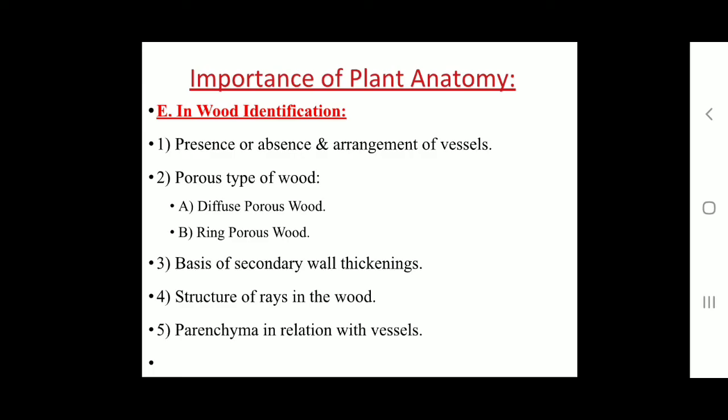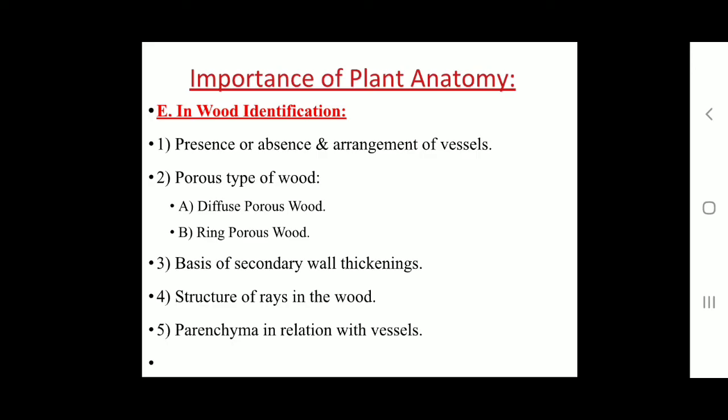Then next point, that is importance of plant anatomy in wood identification. Xylem is one of the important elements of vascular cylinder of plants. Its amount and nature varies from species to species. Thus, this feature is of great importance in identification of wood in timber industry.